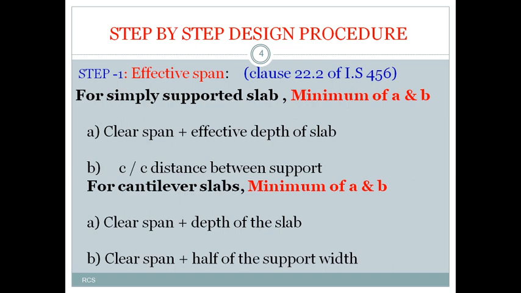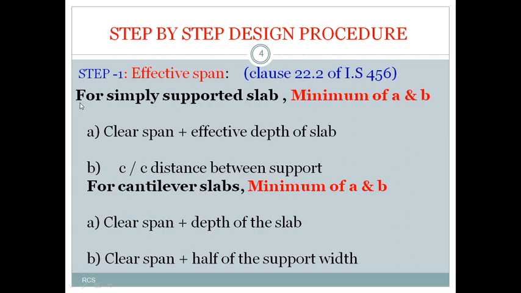In order to design the one-way slab, you need to follow these steps, then it will be very easy for you. First of all, we have to calculate the effective span. This effective span can be calculated according to clause 22.2 of IS 456-2000. We may design a one-way slab as a simply supported slab or a cantilever slab.